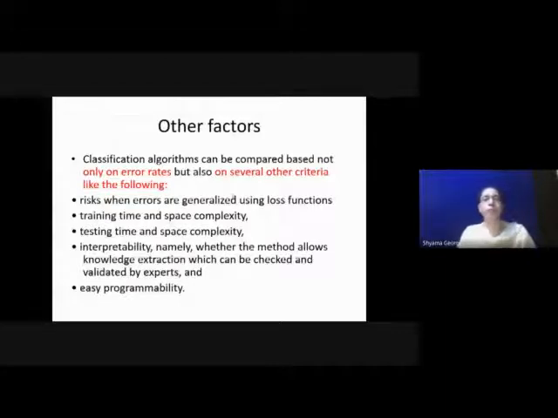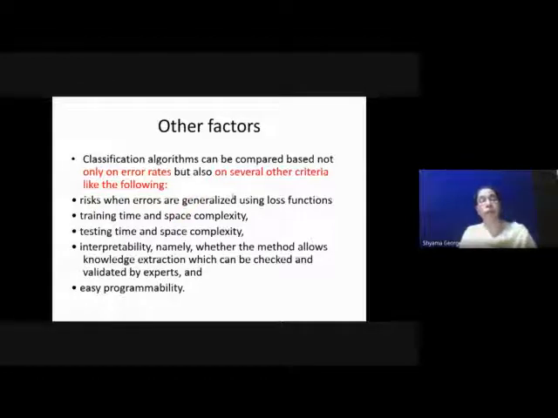So there are other factors for the comparison of classification algorithms. There are several factors like risk when errors are generalized using a loss function. In Bayesian classification, there are some more aspects involved like Bayesian risk, loss function, etc. That means when we classify a positive object as negative, that means a person is having cancer and he is classified as not having cancer, there is a risk associated with this classification.